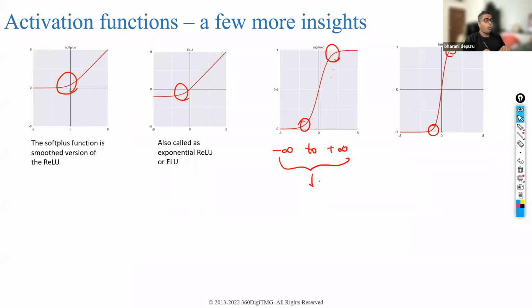And then it squashes the values into the range of 0 to 1. In tan H also, if the inputs are in the range of -infinity to +infinity, it will squash these values into the range of -1 to +1.